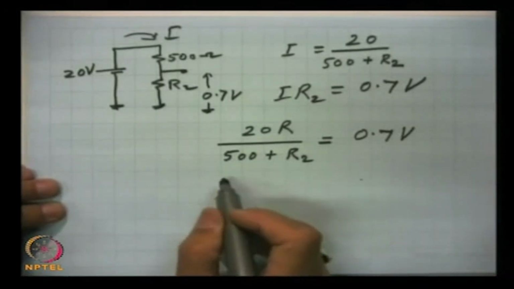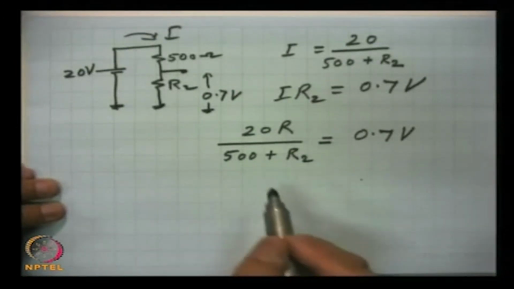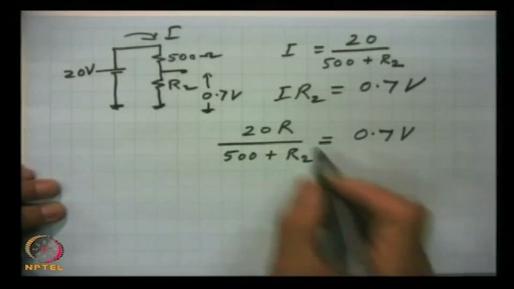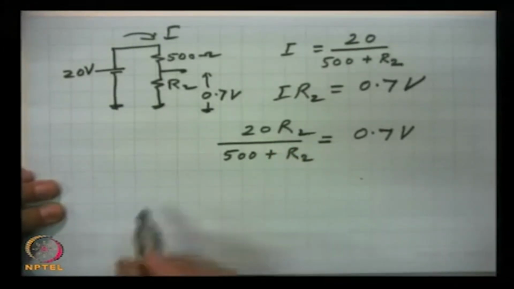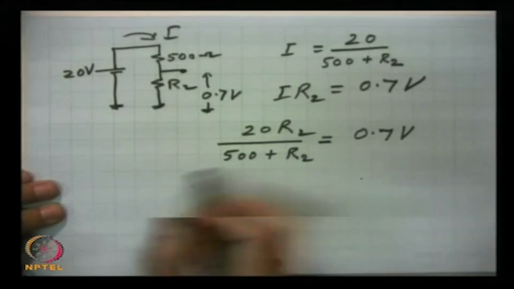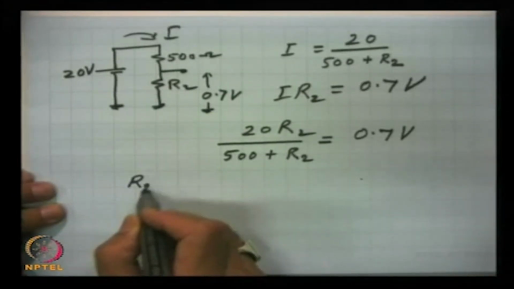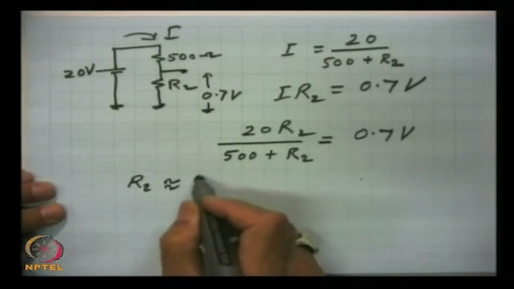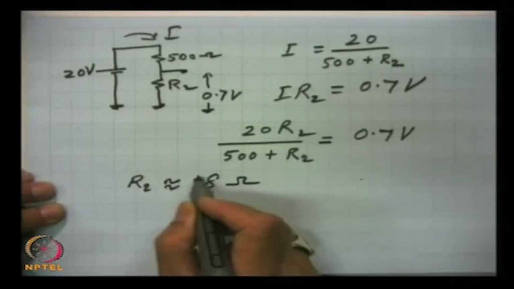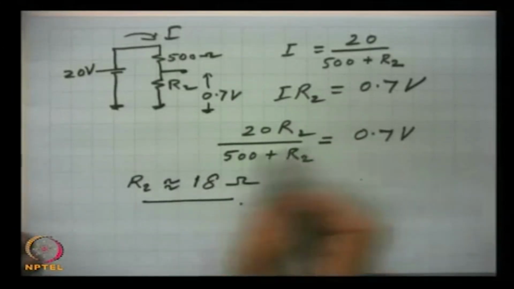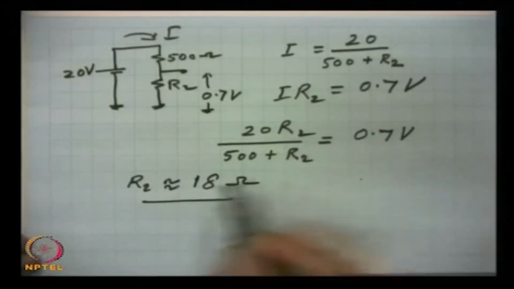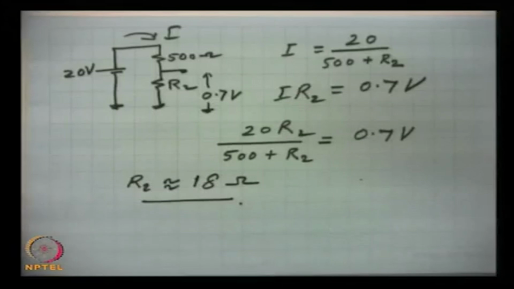From here we find out the value of R2. R2 comes out to be very close to 18 ohms. Simple. Cross multiplication will give the value of R2 as 18 ohms.